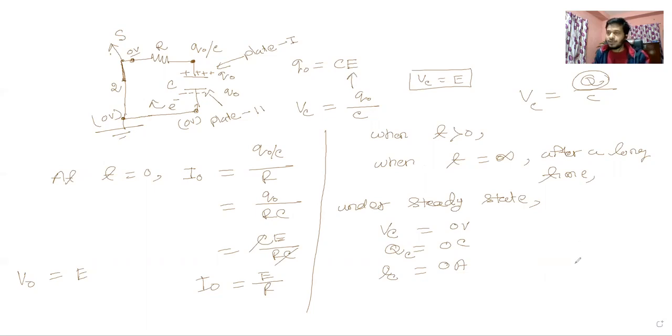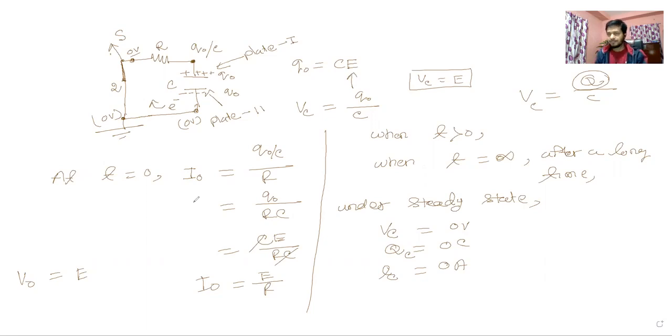So you should note these statements: the capacitor will act like an open circuit under steady state condition, in both the charging phase and the discharging phase of the capacitor. And the capacitor will act as a short circuit in the initial state, in both the charging and discharging phase. Okay.